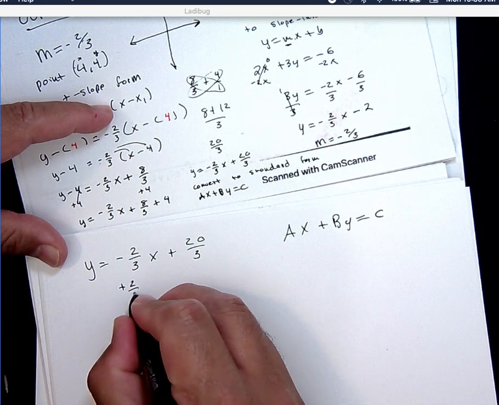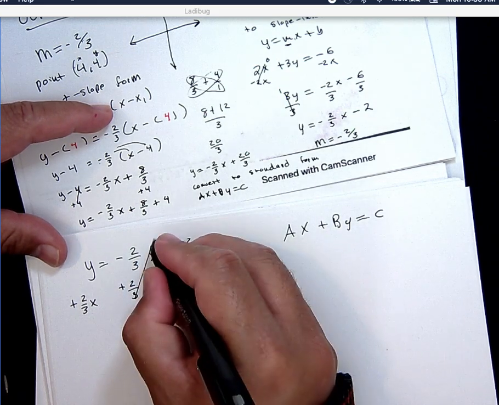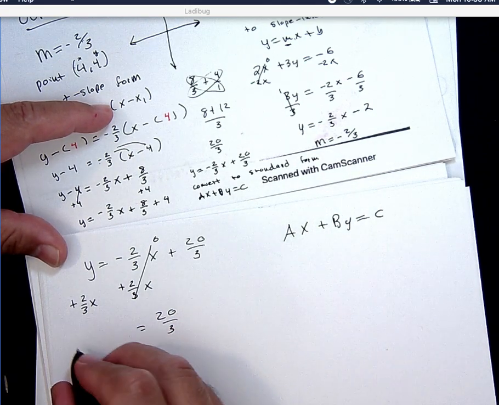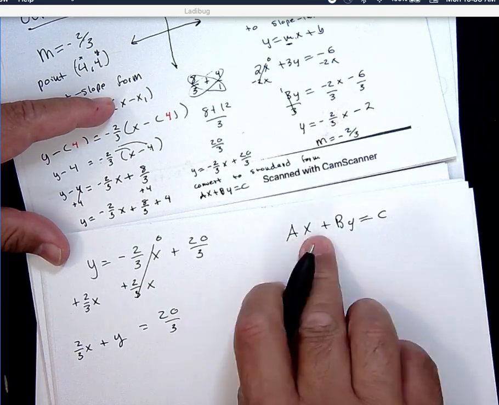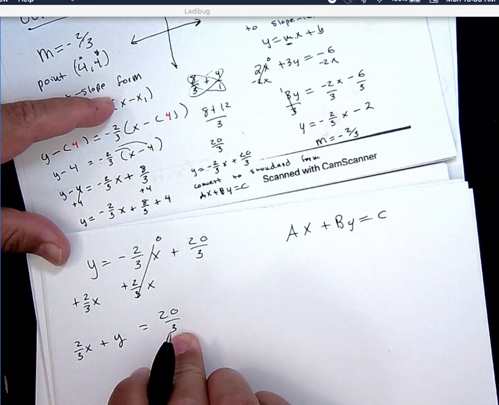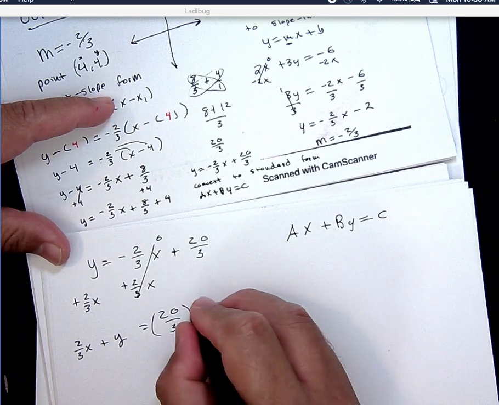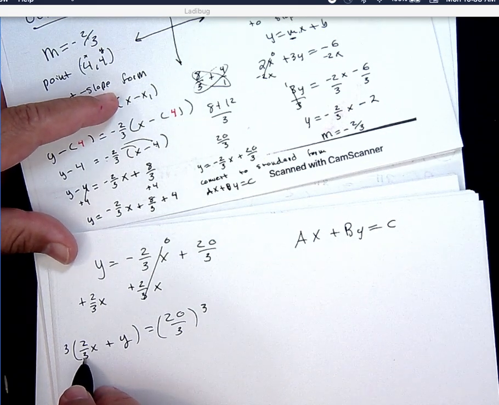Plus 2/3 x on both sides. So that's 0, and you end up with 20/3 on this side, and then you have 2/3 x plus y on that side because we want x and y on the one side. We have that 3 and we have that 3, so we can multiply by 3 because we don't want fractions here.